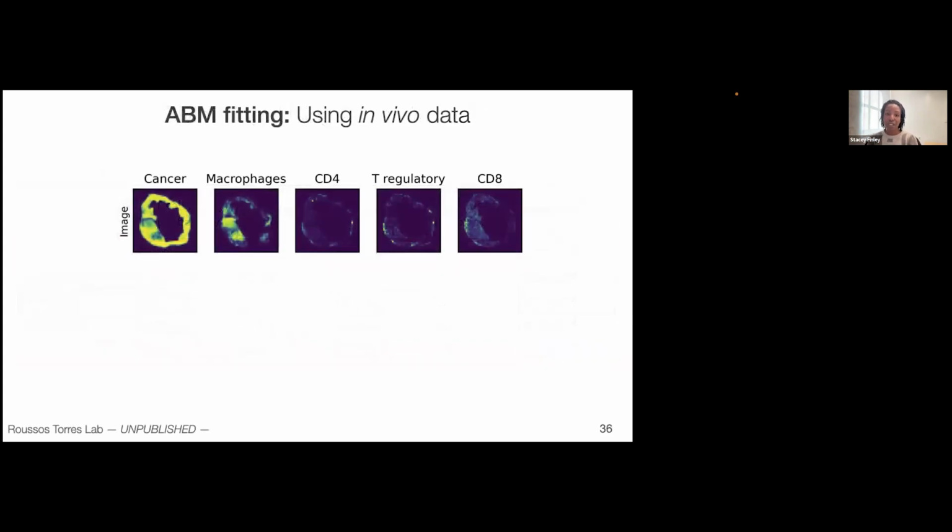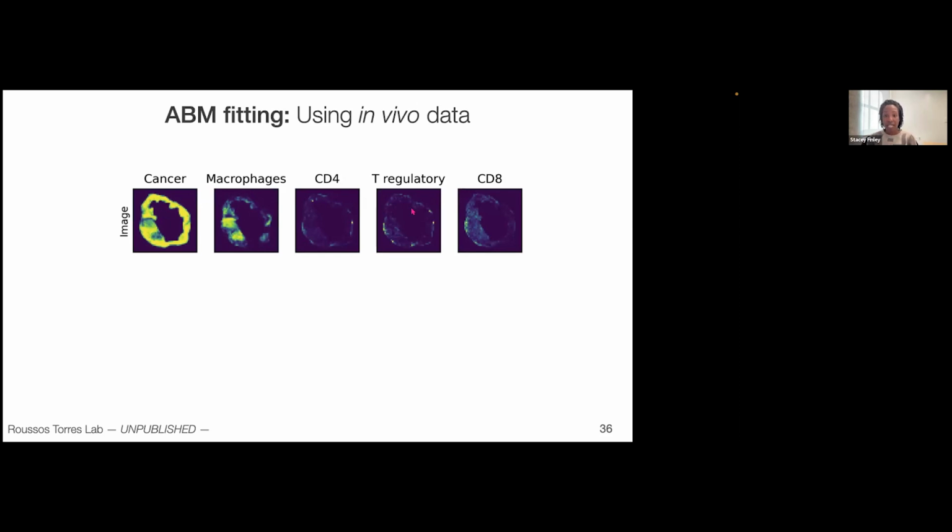Let's try our in vivo mouse model data, where we have these images from our collaborator, Dr. Evanthea Roussos-Torres, here at USC in the Keck School of Medicine, and we can separate out the cancer cells from the image versus macrophages, CD4 positive, CD8 positive, as well as T regulatory cells.